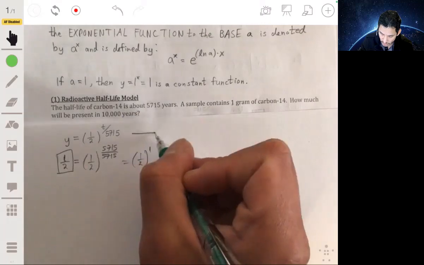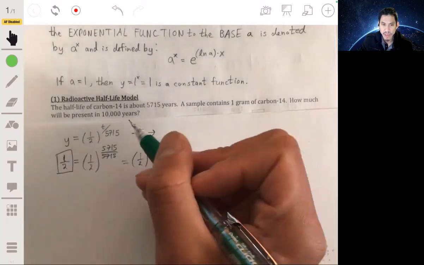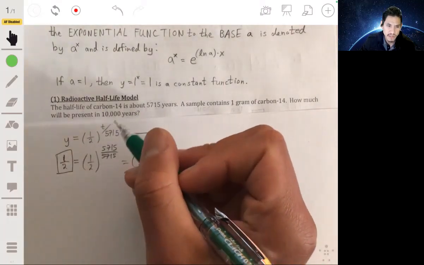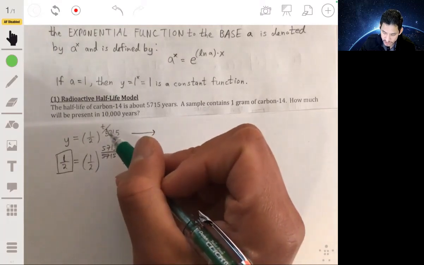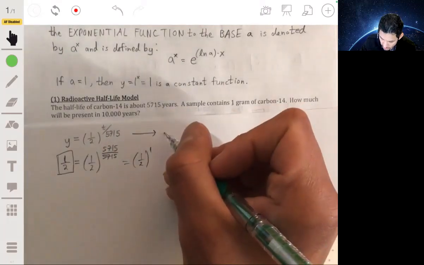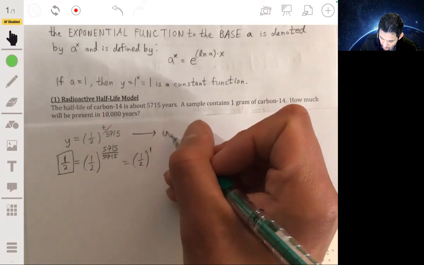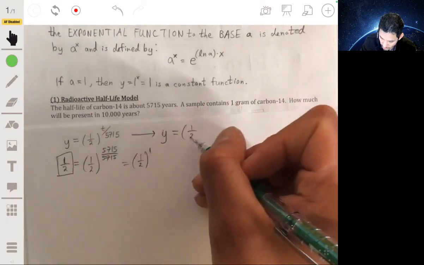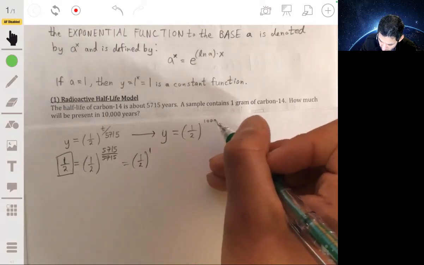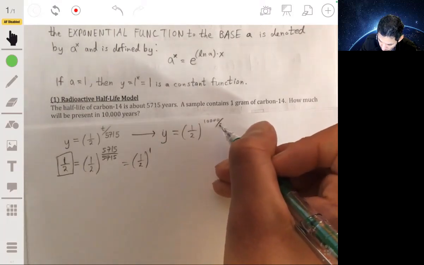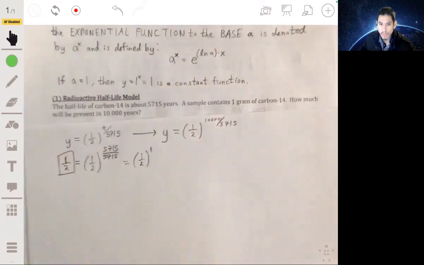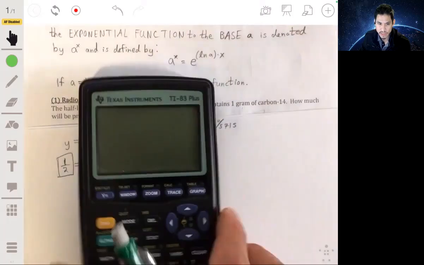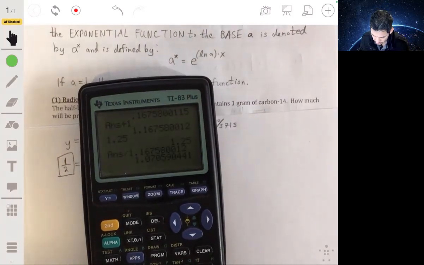Okay, so using this equation, if you want to figure out how much is going to be present in 10,000 years, all we have to do is evaluate this equation for 10,000. So if t is equal to 10,000, we have 1/2 raised to 10,000 over 5,715. And I advise you to use your calculator for something like this.